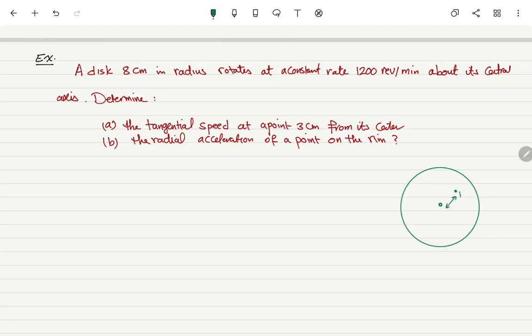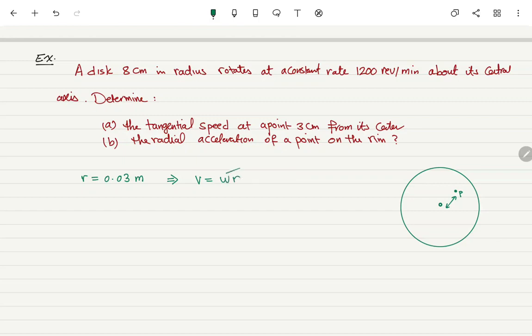That's the point P that we need to calculate the tangential speed for. So R in this case equal to 0.03 meters, and the tangential speed equal to omega R.